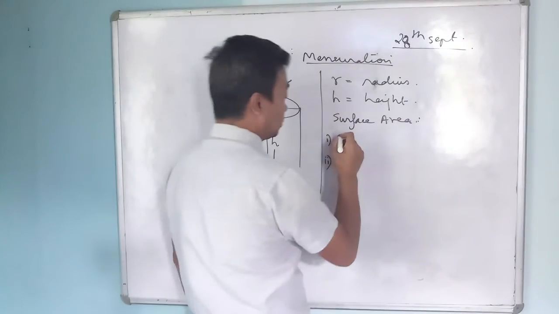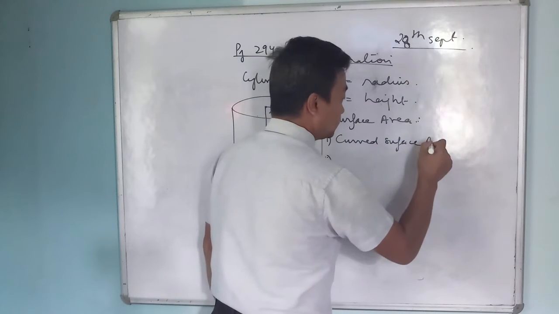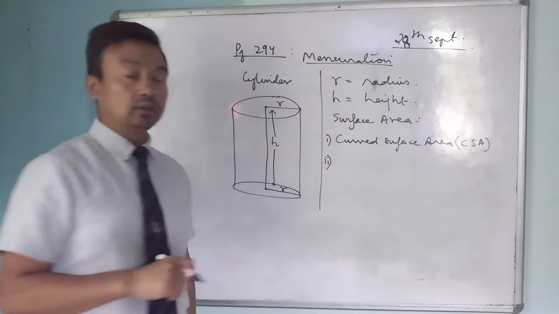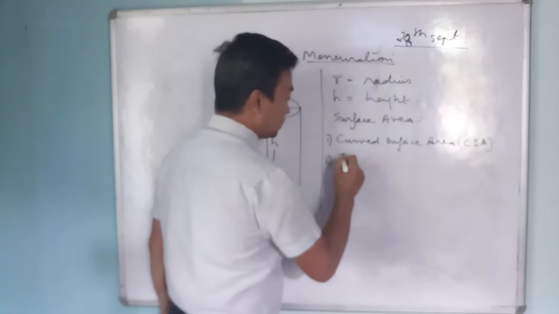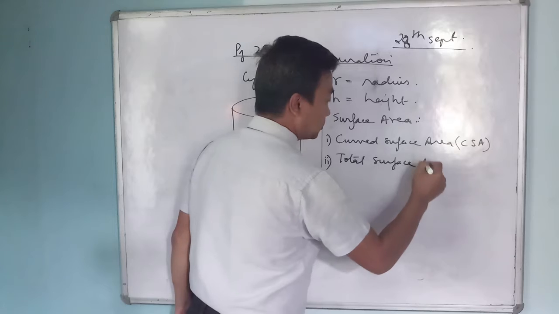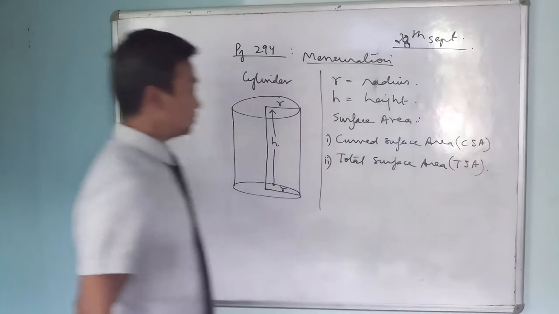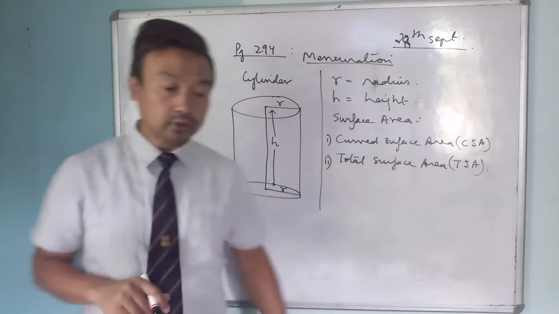So you have got two surface areas here. The first one is called the curved surface area, which is CSA. Sometimes it is also called the lateral surface area. Lateral means the side. And the second one is the total surface area, which is also known as TSA. So let us find the formula for the curved surface area.